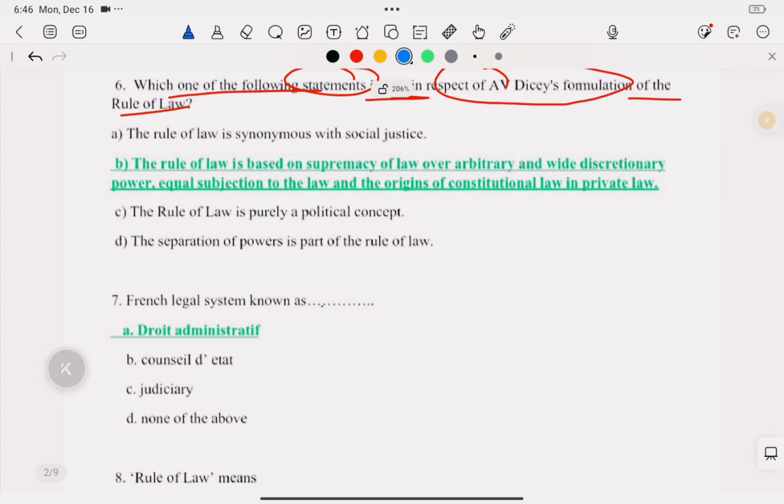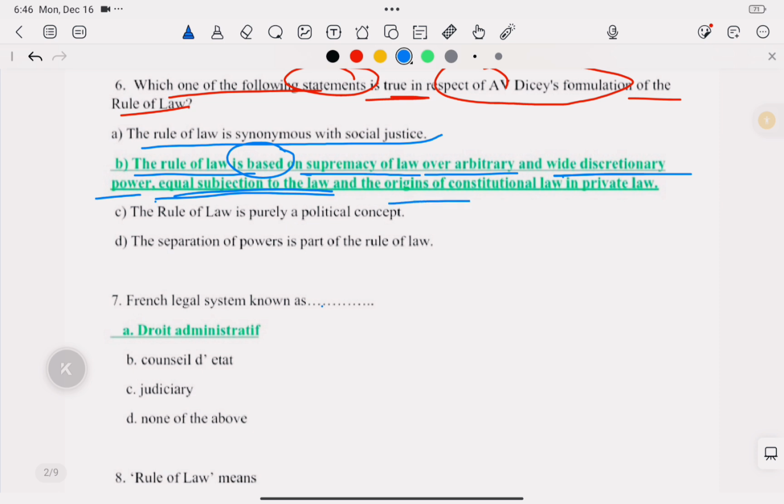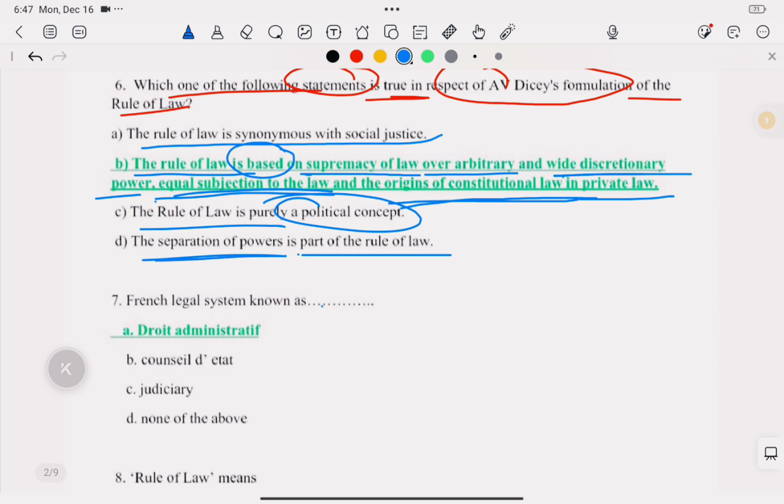The options are: option A, the rule of law is synonymous with social justice; option B, the rule of law is based on supremacy of law over arbitrary discretionary power, equal subjection to the law, and the origins of the constitution in private law; option C, the rule of law is purely a political concept; option D, the separation of power is part of the rule of law. So in this case the correct option would be option B.